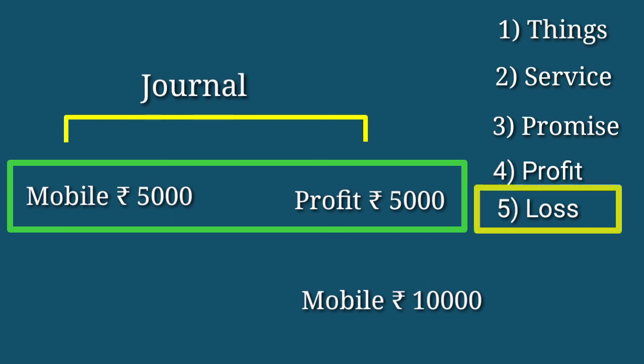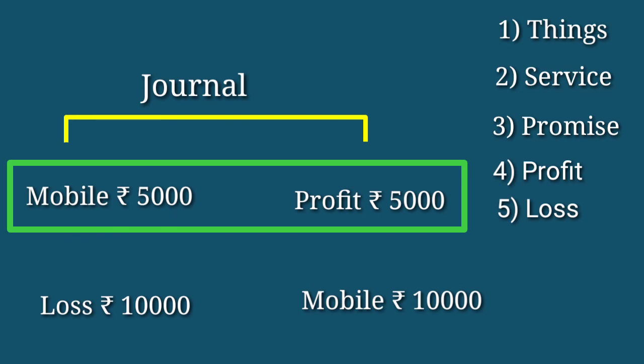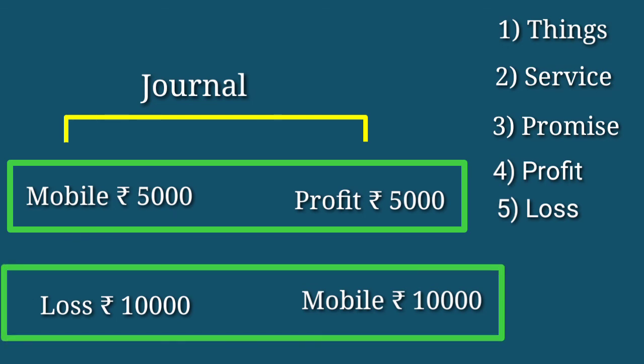Okay. So we can write here loss 10,000. That means if you get anything without giving anything or service or promise, that is your profit. And if you give anything without getting things or service or promise, that is your loss. Correct? Is it clear?